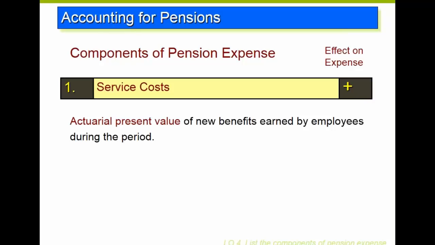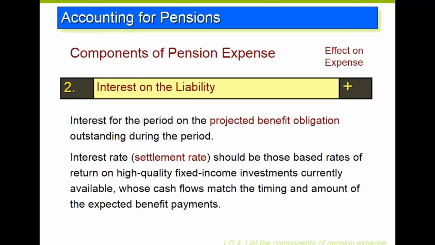So incrementally, the service cost is attributed to the fact that we now have one more year of work experience. So this person now has 11 years of service as opposed to last year's 10 years of service, and that 11 years is included in the calculation.